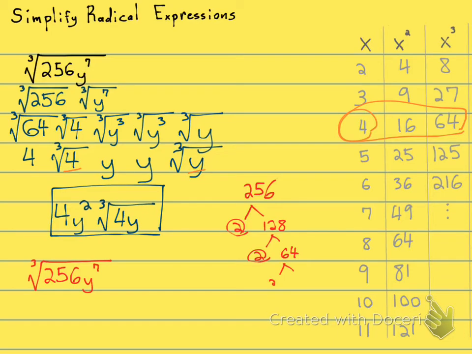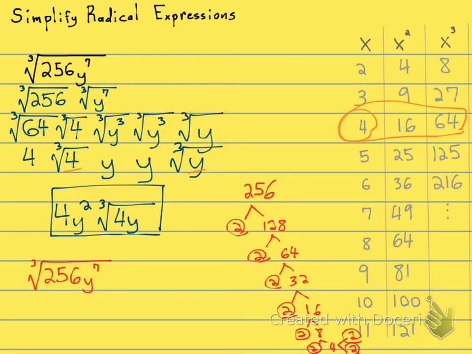2 goes into 64, 32 times. 2 goes into 32, 16 times. 2 goes into 16, 8 times. 2 goes into 8, 4 times. Whoa. And 4 is 2 times 2.